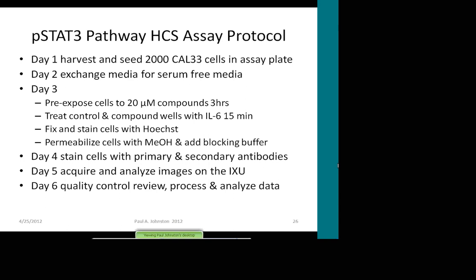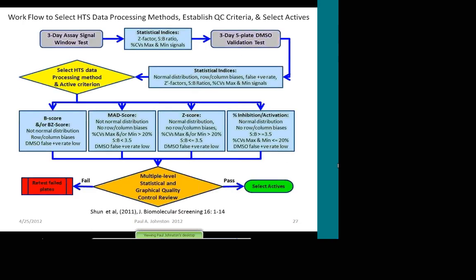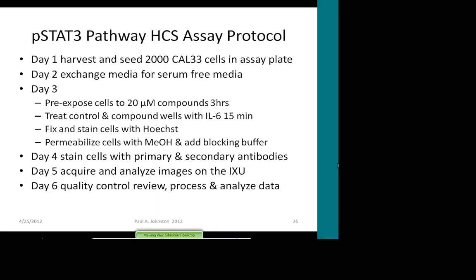Then we fixed, permeabilized with methanol, and stained cells in blocking buffers. Next day we would stain the cells with primary and secondary antibodies, acquire the images on the IXU, and analyze them using the translocation enhanced image analysis module, and then do QC review, process, and analyze the data.